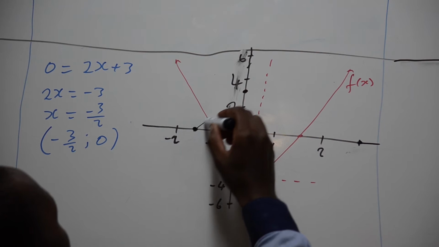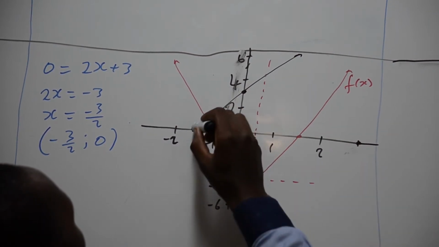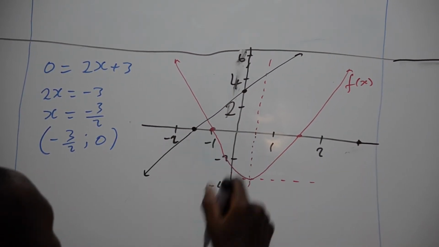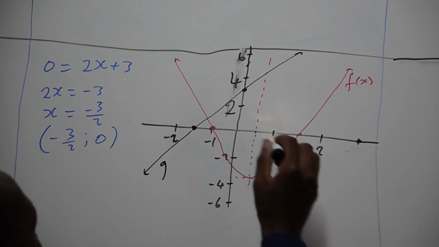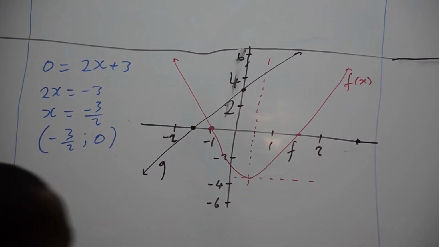Then we join the line. So this is g of x and this is f of x.